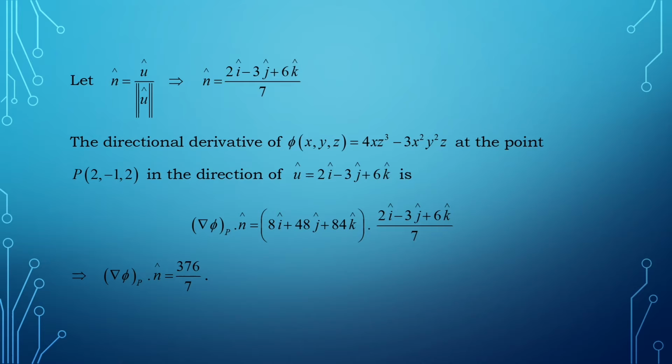So del phi at P dot n cap equals 8i cap plus 48j cap plus 84k cap dotted with 2i cap minus 3j cap plus 6k cap, whole divided by 7. This in turn gives us del phi at P dot n cap equals 376 upon 7.